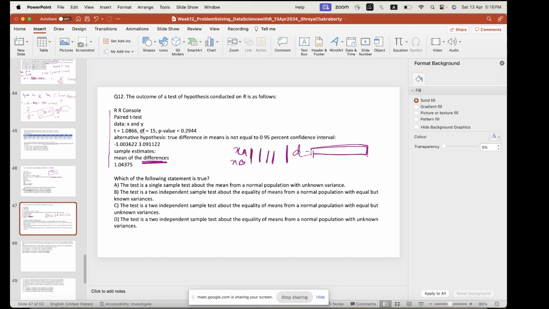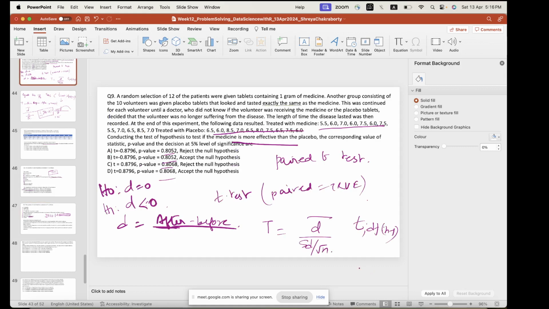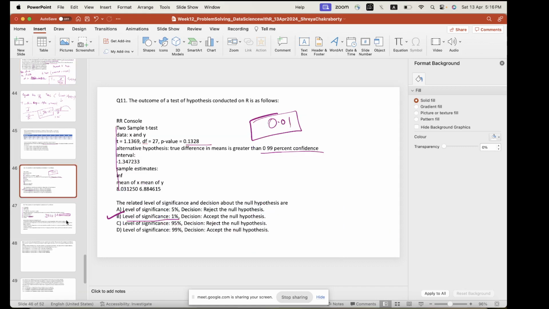This becomes a single sample test from a normal population with unknown variance, just as I showed over here. So if this is your test statistic, this is the same test as a test of mu from a normal population with unknown variance. So your answer will be this thing.